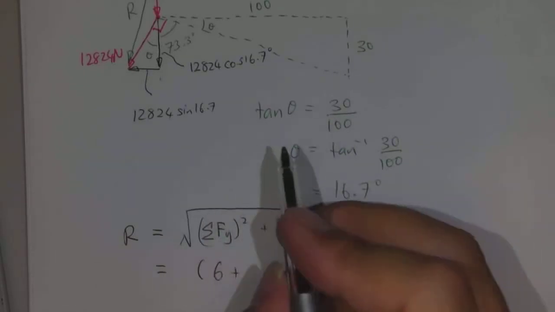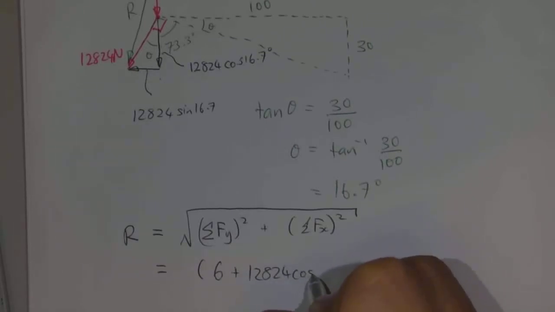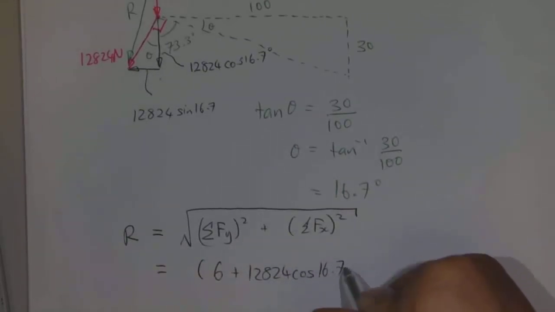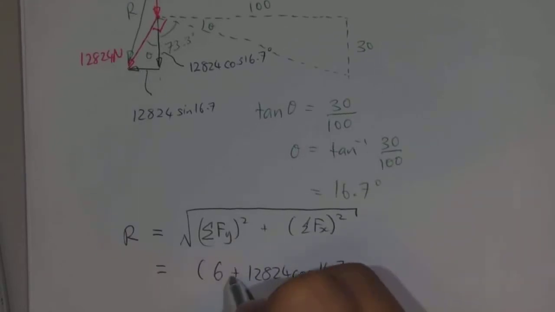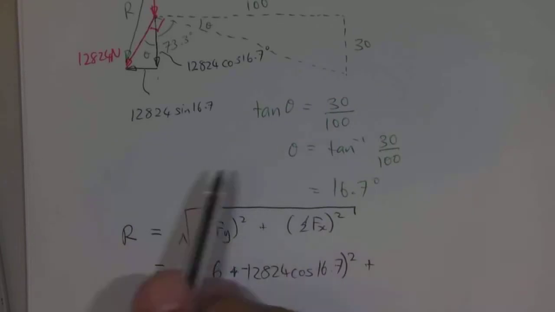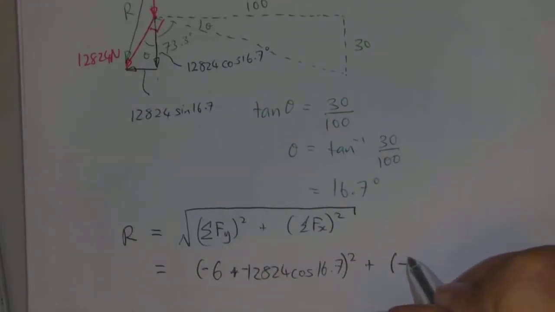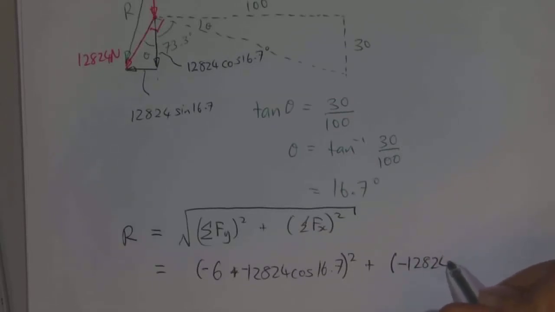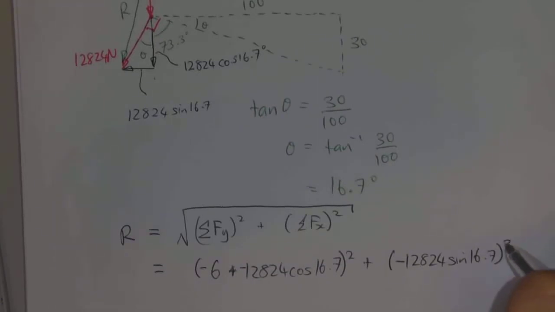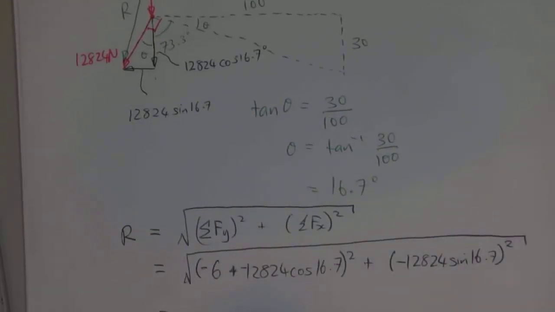You can treat these both as minus if you want, but it gets squared anyway. Now maybe we can put them as minus. Alright, squared plus this one which is going to the left, so plus negative 12,824 sine of 16.7 all squared, and we can square root that number.